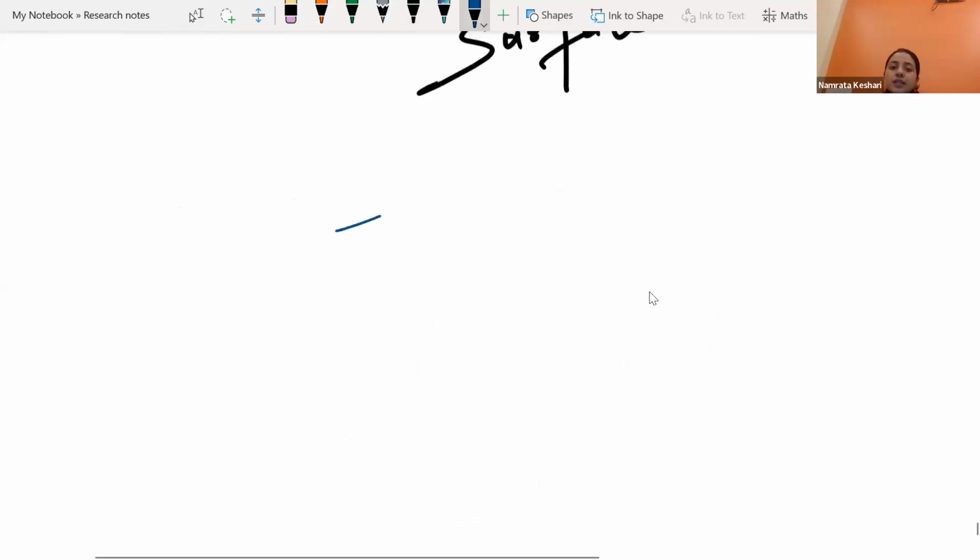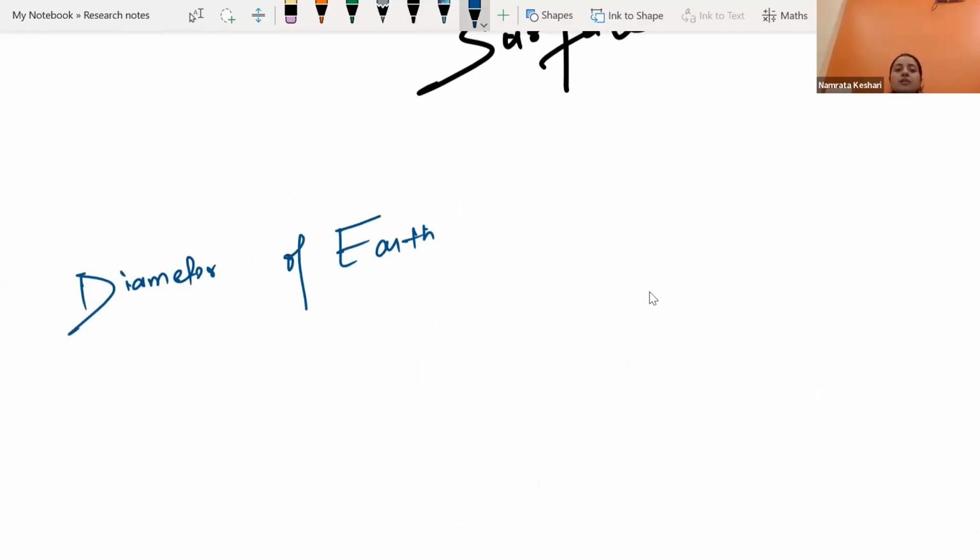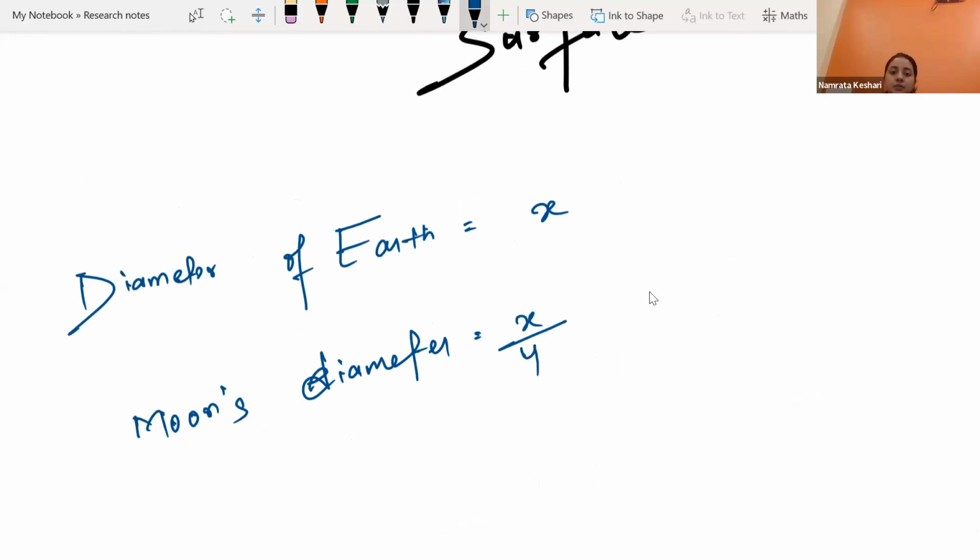So let's say the diameter of earth is x, then moon's diameter will be 1/4 of x, that is x by 4. 1/4 of means multiplication, so basically you will be getting x by 4 only.